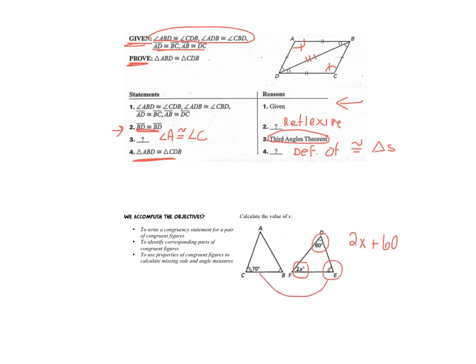Well, what is e? It shows that it's congruent to angle C, so it's going to be plus 70 equals 180. So 2x plus 130 equals 180. Subtract 130, 2x is going to equal 50. X is equal to 25.